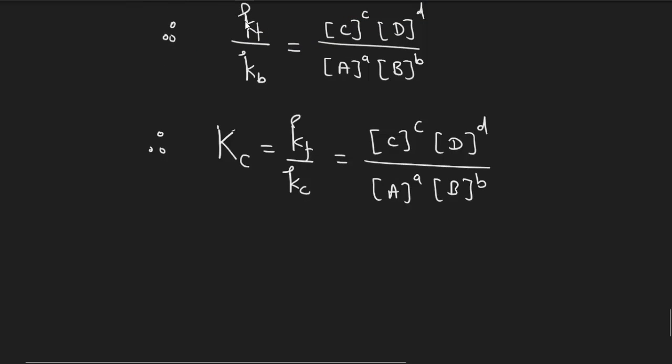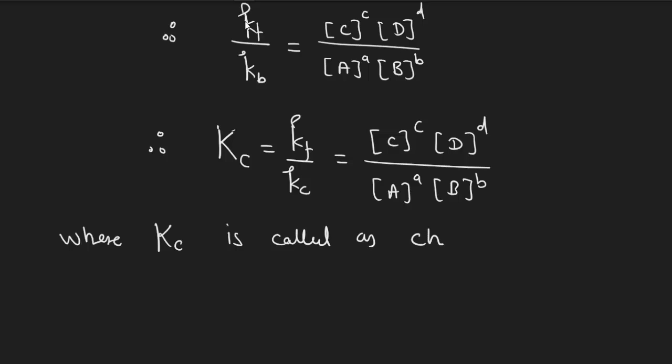Okay, C stands for chemical, capital K stands for the equilibrium, where capital Kc is called the chemical equilibrium constant, or simply the equilibrium constant.